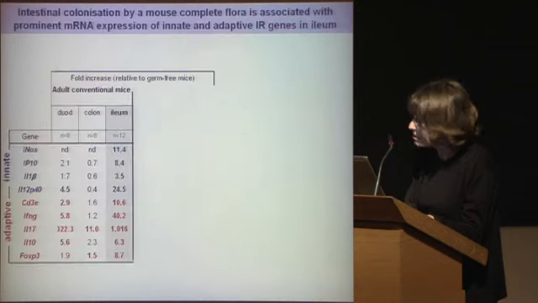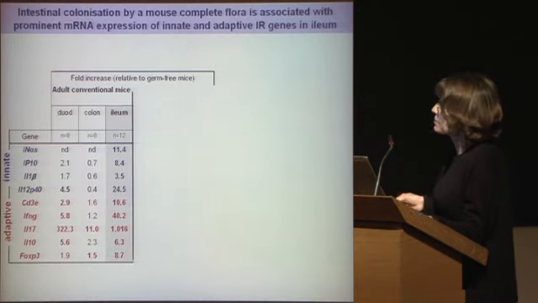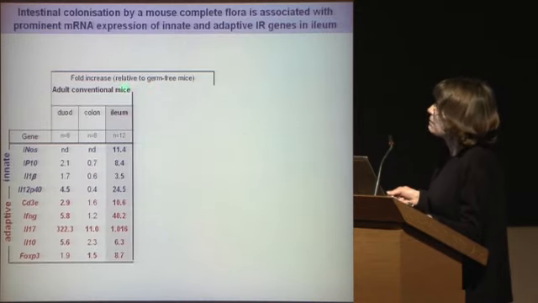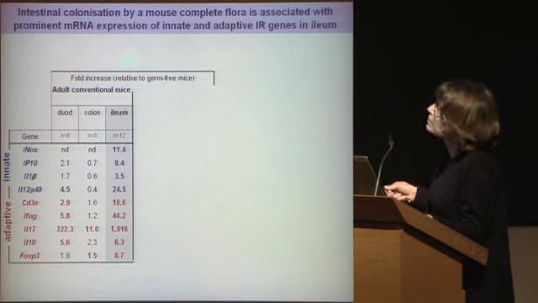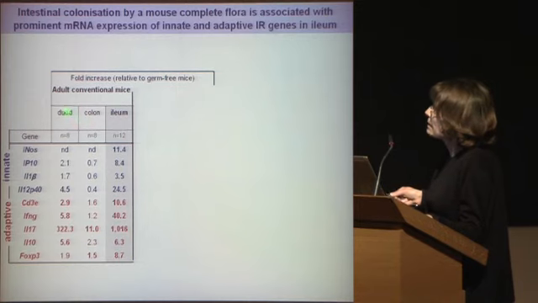To ask this question, we first decided to use a relatively gross technique, looking at the transcriptome, the mRNA expression at different levels in the gut, and comparing germ-free and conventional mice for the induction of transcripts, both for innate and for adaptive response.